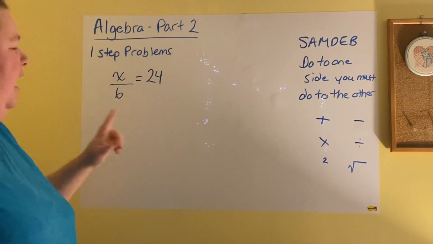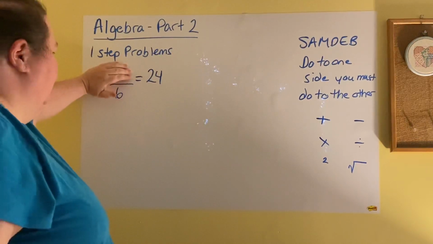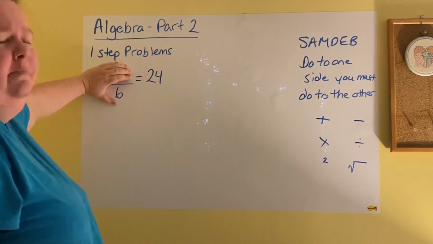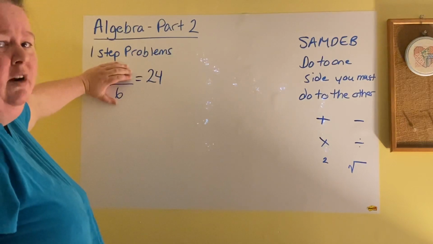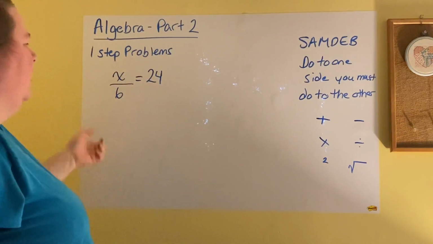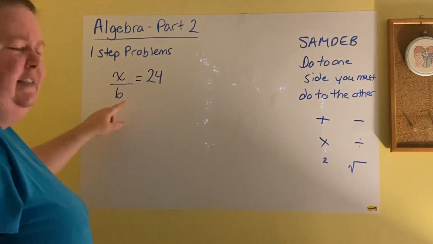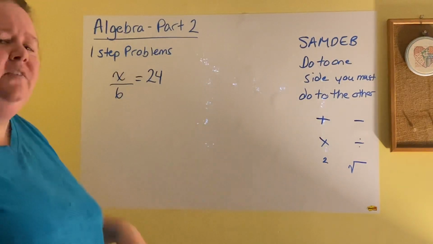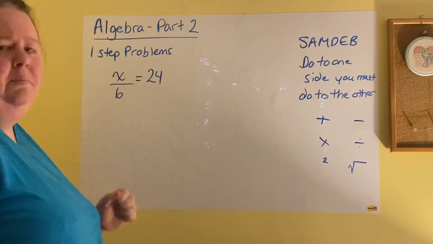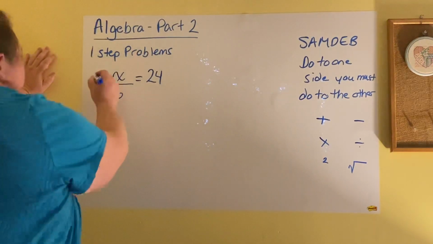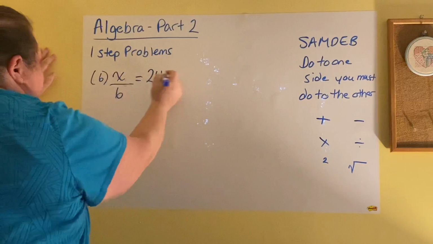So again, I can look at this from the cover-up method. What did I have to divide by 6 to get 24? Or I can look at it as I need to cancel dividing by 6. And the opposite of dividing by 6 is multiplying by 6. So I'm going to write multiplying by 6 here.